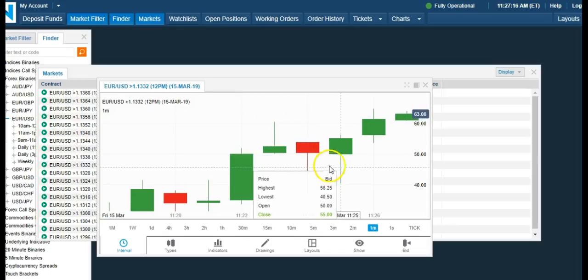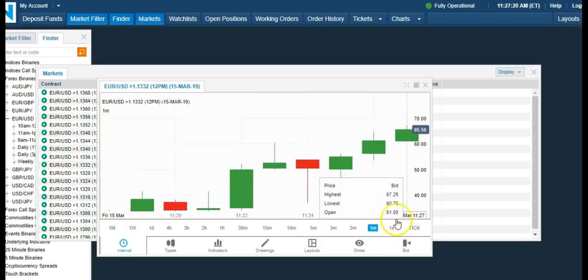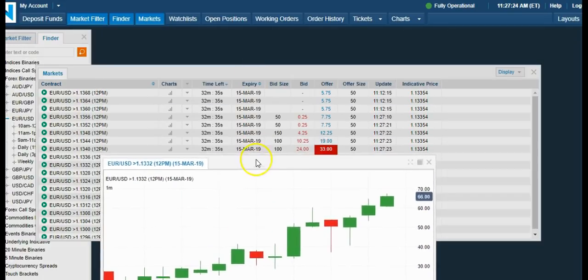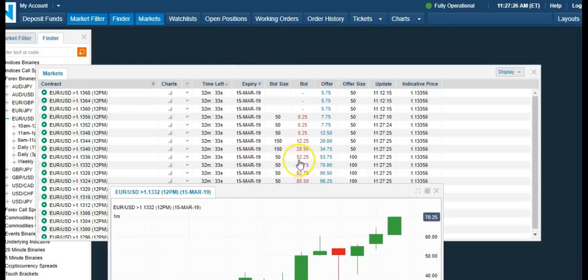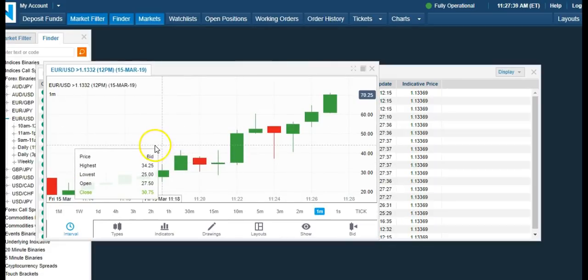This is a 1 minute chart, which is great. This is on the bid side, so you can see it's 70.50, 70.50, 70.75. It does not show the ask side because we are on a chart that has the bid.